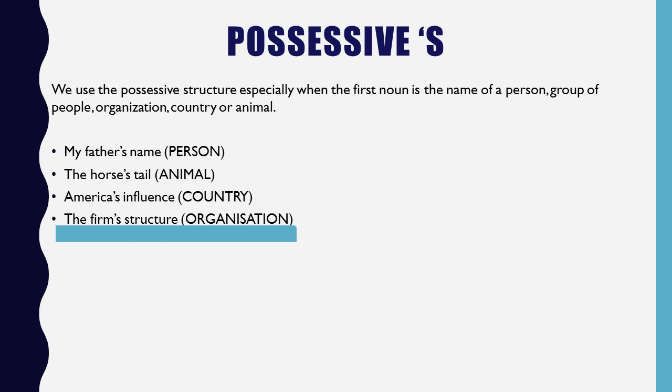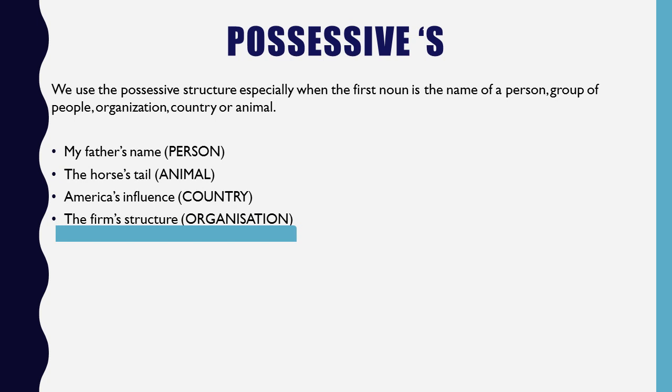For example, if we talk about a person, we might say, my father's name. If we talk about an animal, we might say, the horse's tail.